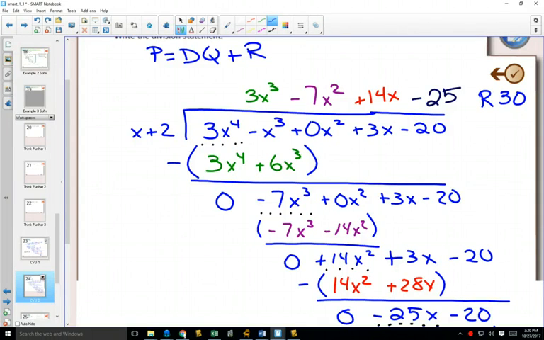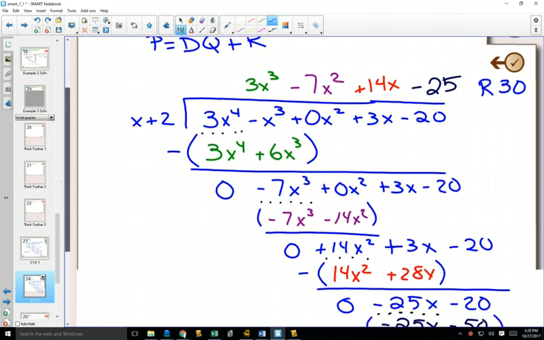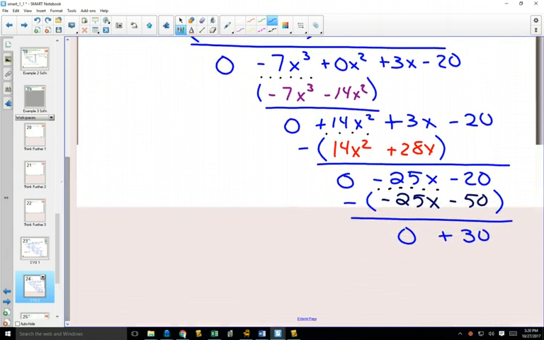So we've done the long division, and now we need to write our division statement. So for our division statement, we take our original polynomial. Again, it's P equals Dairy Queen plus remainder. So our original polynomial was 3x to the 4 minus x cubed.